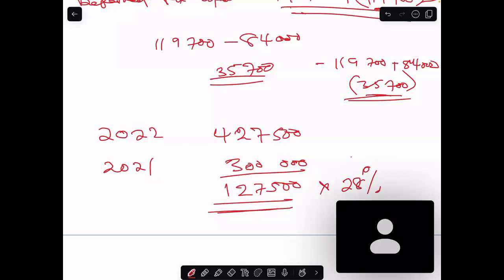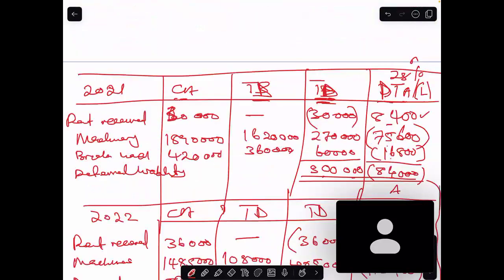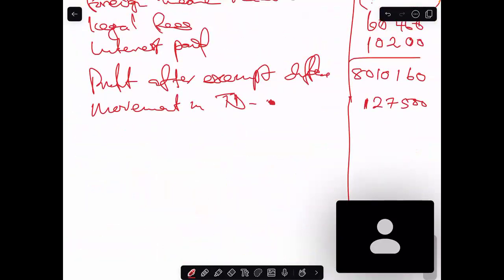That is the deferred tax for the year. If you don't want to calculate deferred tax by the movement method, you can just calculate your movement in temporal difference, then take the movement times 28%. It should give you the same answer, 35,700.